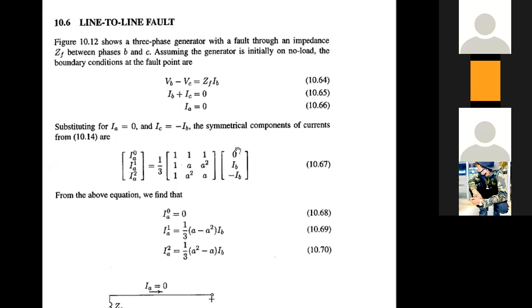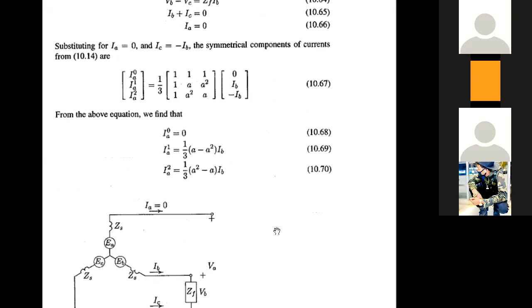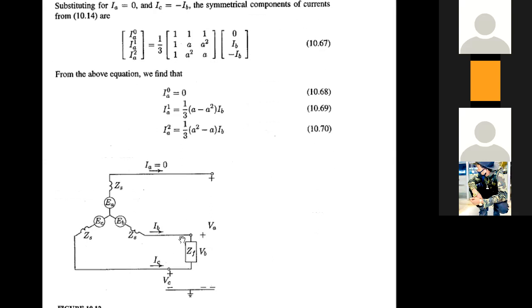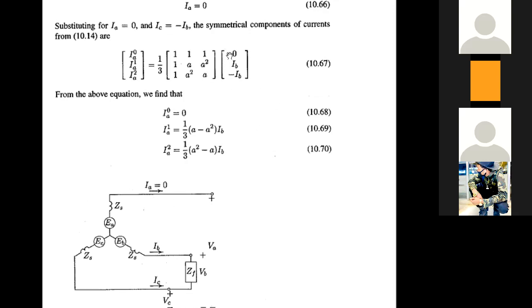The first term is IA equals 0, because you don't have any connection for that. Only the second and third phase have the short connection, but this one is open. That's why you don't have any current, so IA will be 0 for the first term. The second term is the normal IB.